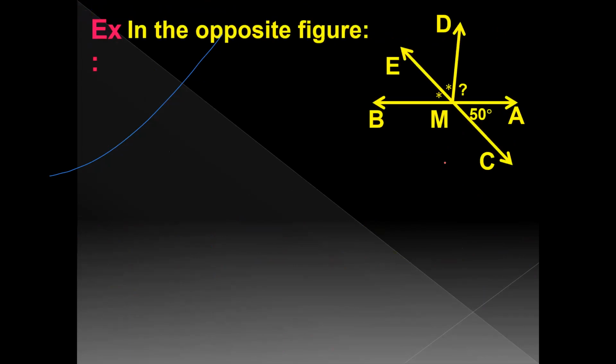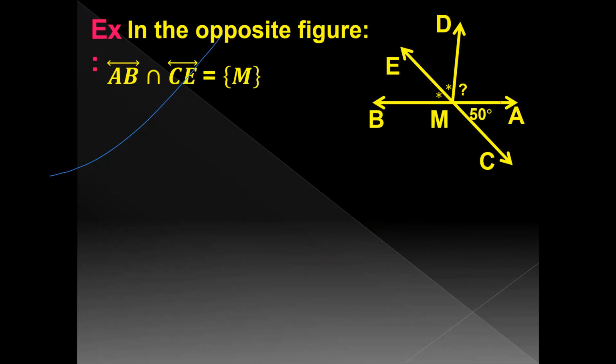Let's see an example. Pay attention. We have two straight lines that intersect: AB intersects EC. So we have vertically opposite angles.